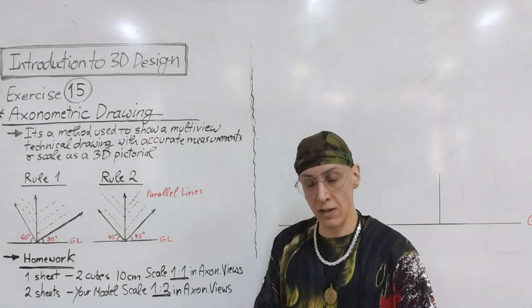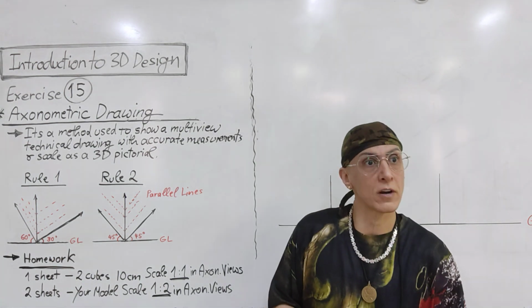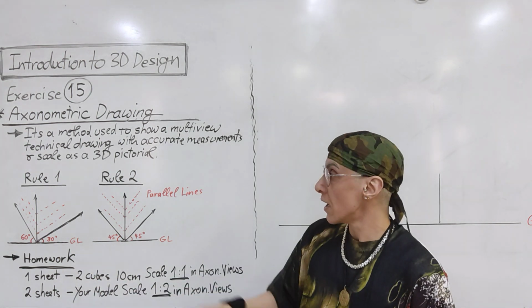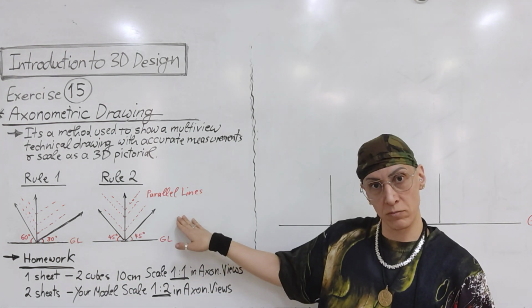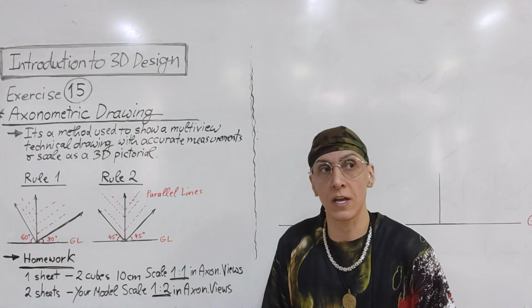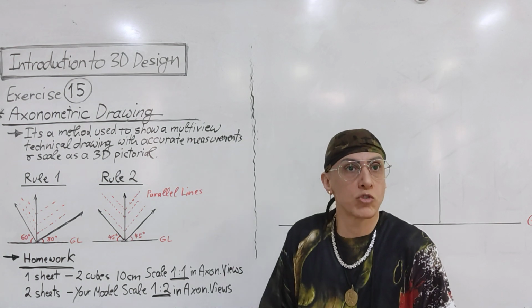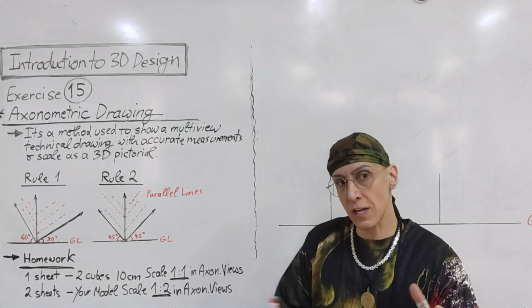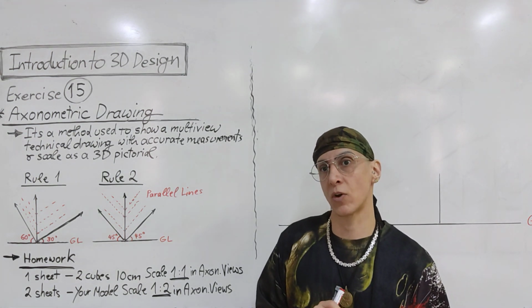As I said before, the isometric is the most popular one used together with the orthographic multi-view drawing, but these are also popular. It depends on what type of drawing you are drawing. What are you trying to show? Every time you change the degree, you can see it in a slightly different way, okay?